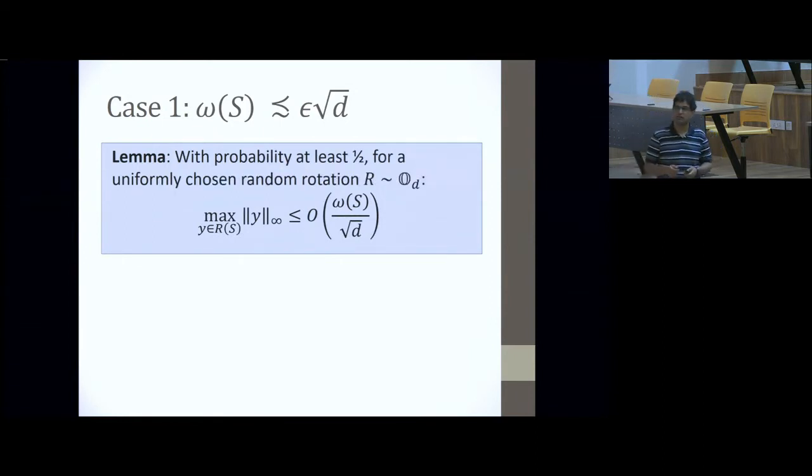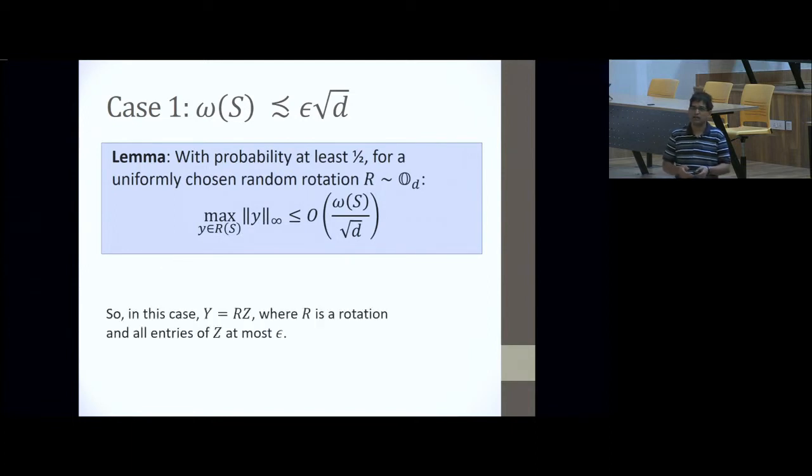With probability at least half for a randomly chosen rotation, you have this set S with Gaussian width omega of S, and you can make sure that for all the vectors in S, their largest entry is small, in infinity norm.